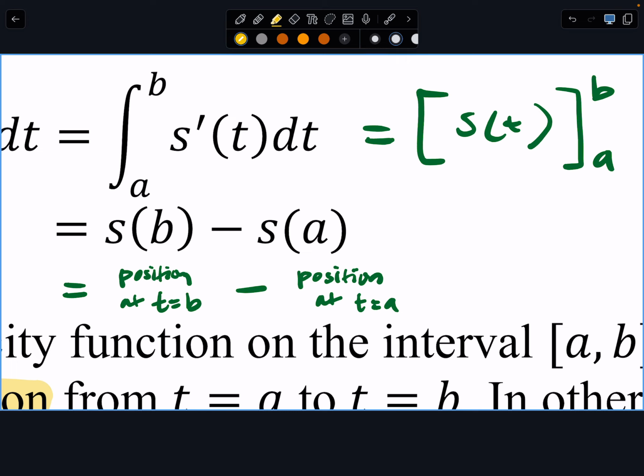Well, the area of each rectangle that I'm thinking about adding up would be equal to delta t times v of c sub i, right? Not delta x, delta t, based on what I was using here.